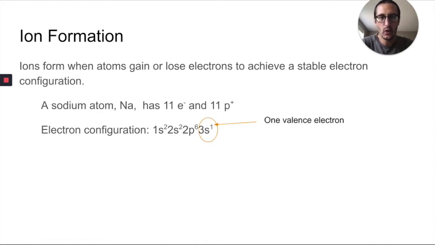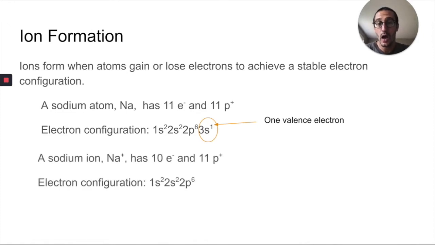Sodium has one valence electron: I find the highest energy level, in this case the third energy level, and it's got one valence electron there. The sodium ion, on the other hand, has 10 electrons and 11 protons, and so it lost that one valence electron to achieve a stable noble gas configuration.